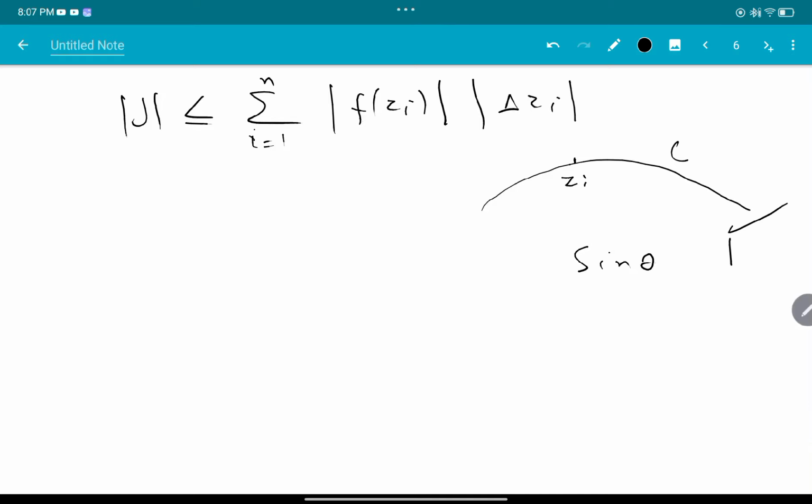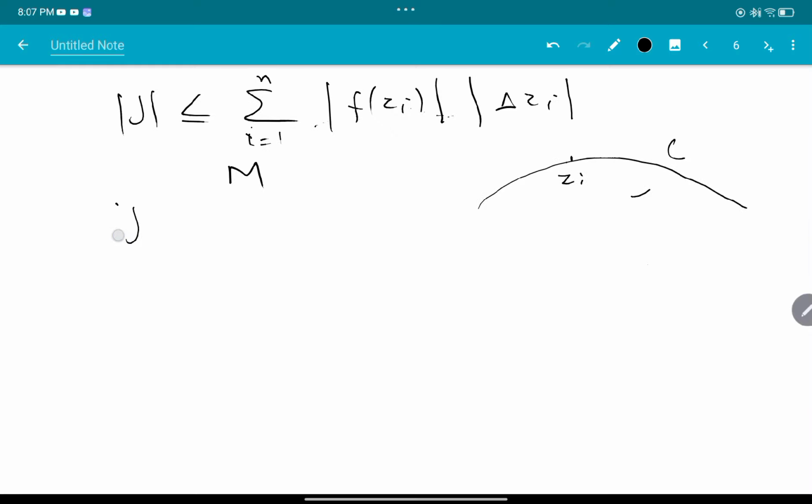Now this means that, for example, suppose you take a number 1.2. Sine theta is always less than 1.2. Similarly, if f(zi) has a number, if there is a number m such that the modulus, the absolute value of f(zi), is less than m, then we can write here J is less than or equal to the sum for i equal to 1 to n of m, because m is greater than this.